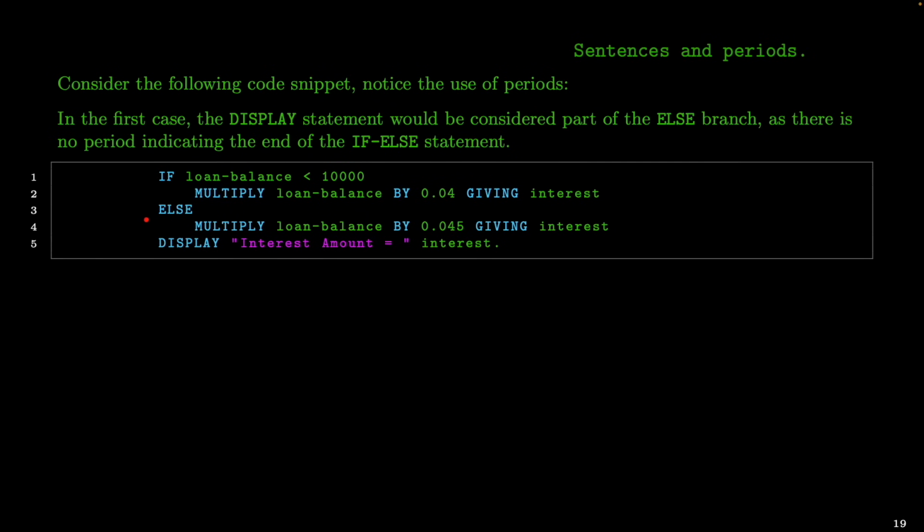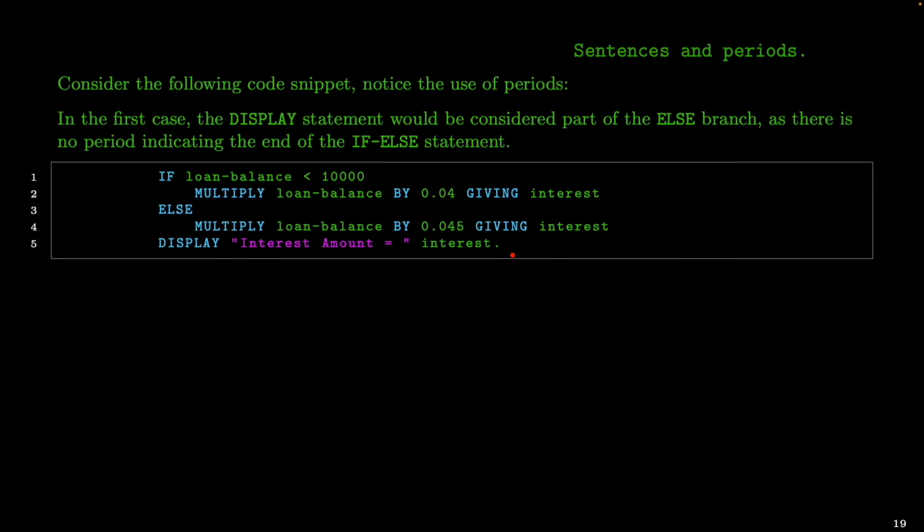Here we have a little if-else branch. So we have a variable loan balance and we check if it's below 10,000. Then we compute the interest by multiplying by 0.04. Or if it's above or equal to 10,000, then we compute the interest by multiplying with 0.045. And then we want to display the interest amount with a display interest amount equal to interest call.